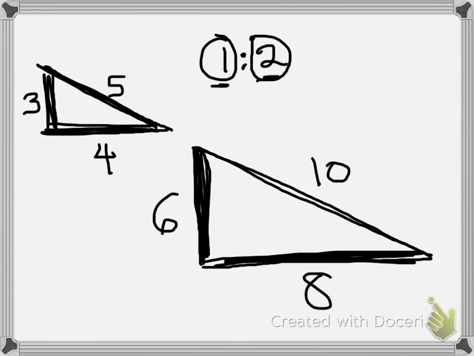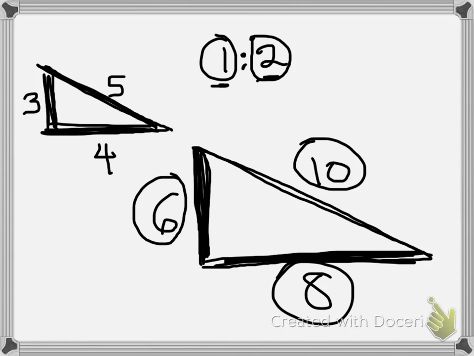So each time, to get the side of the big triangle, I had to multiply the little triangle side by 2. 3 times 2 gave me 6, 4 times 2 gave me 8, and 5 times 2 gave me 10. So this triangle, small to big, had a scale factor of 1 to 2.